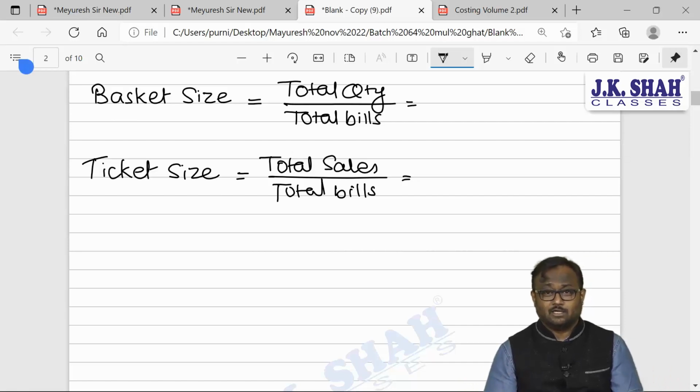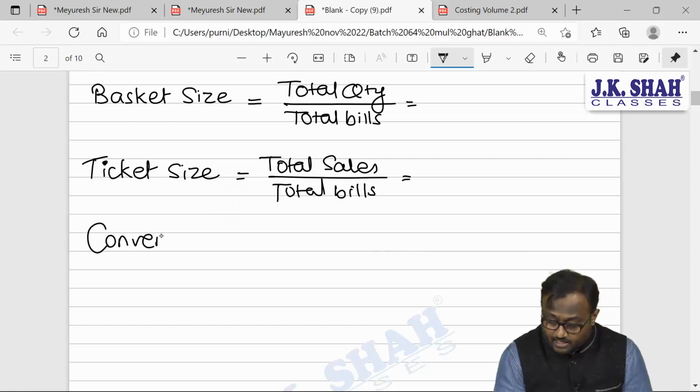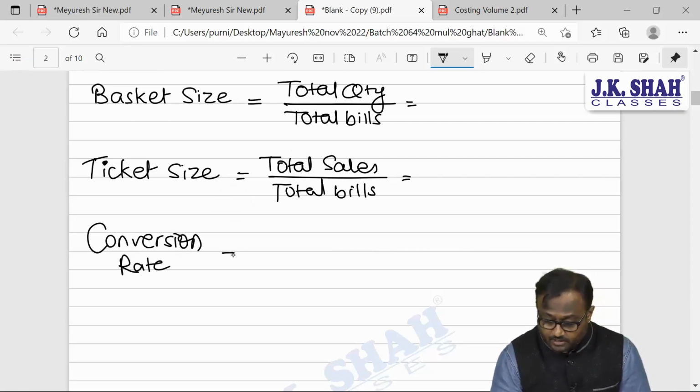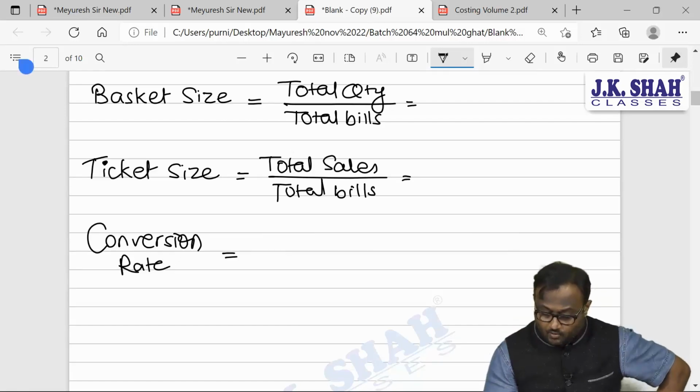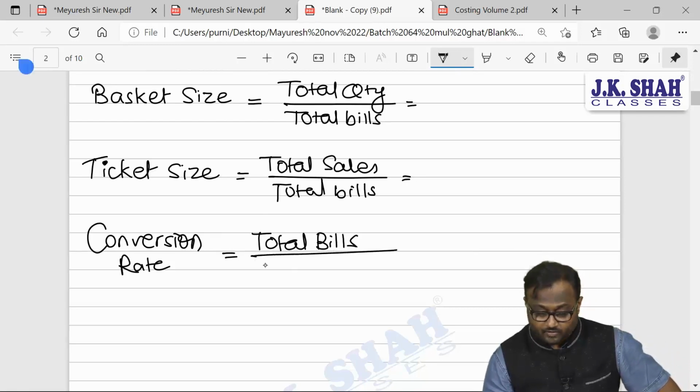So in that case, the ticket size of my sale will be more. So that can be one of the key performance indicators. And the other one is conversion rate. I cannot ignore this. Conversion rate is number of bills upon number of inquiries. I would say footfall.